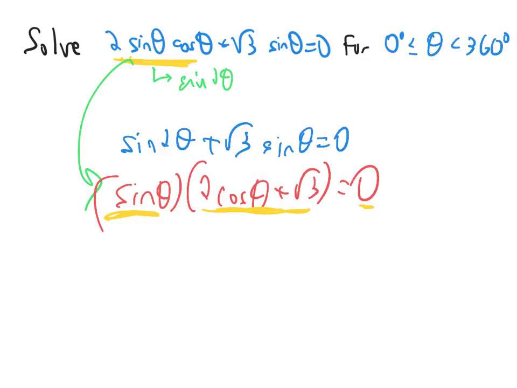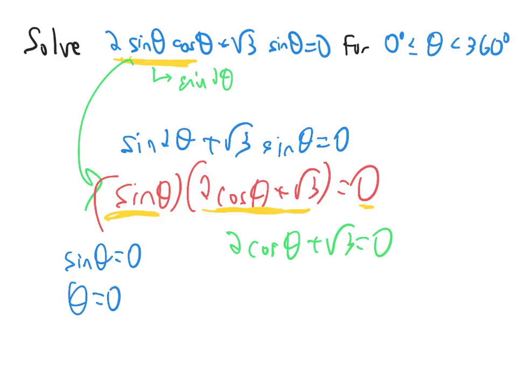So we just say, well, either sine theta equals 0, or 2 cosine theta plus root 3 equals 0. Sine theta equals 0 where theta equals 0 or 180 degrees.